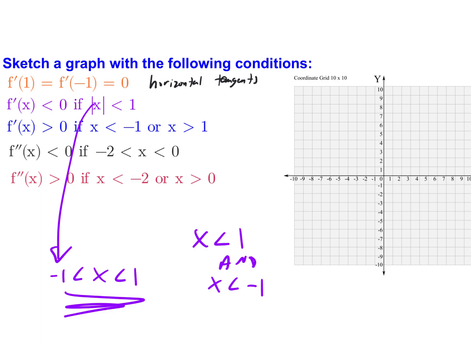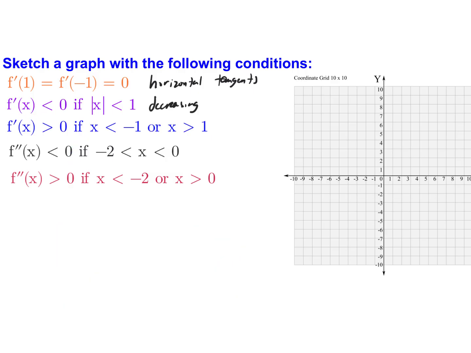So in between negative 1 and 1, we know that this graph is decreasing. Okay, so that's what that's telling us. It's decreasing. And then here, it's telling us greater than 1 and less than negative 1, it is increasing.